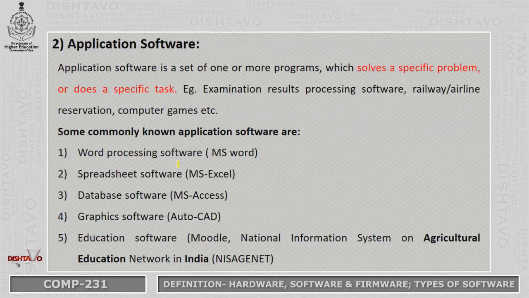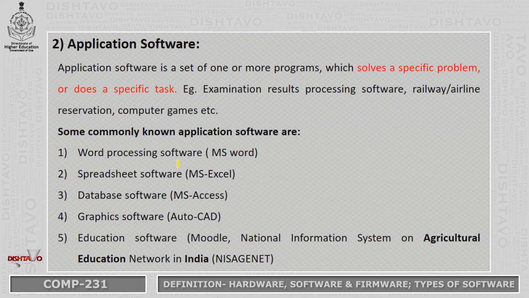Next is the application software. Application software is a set of one or more programs which solves a specific problem or does a specific task, like software prepared for examination results, or railway booking or airline booking software. It is used for solving a specific problem or doing specified work.